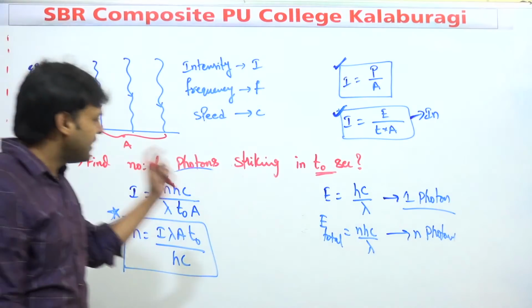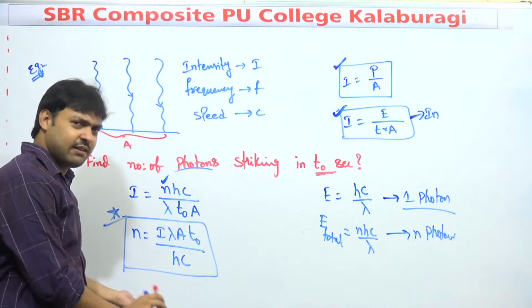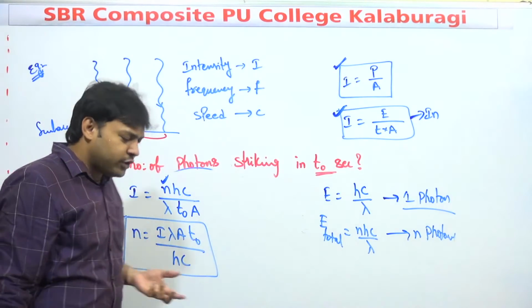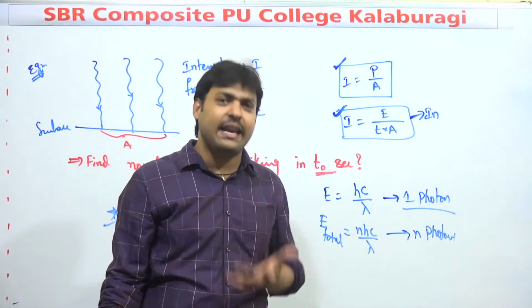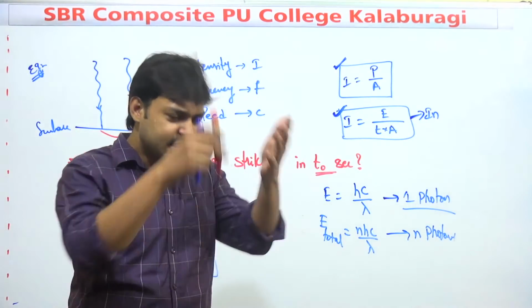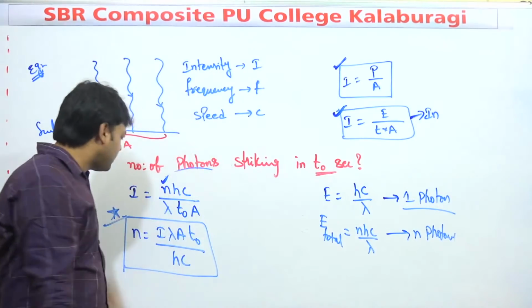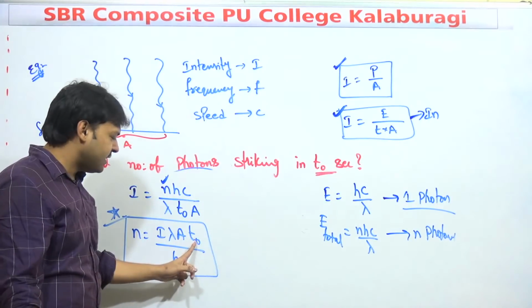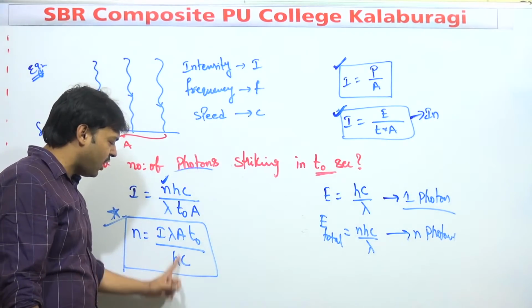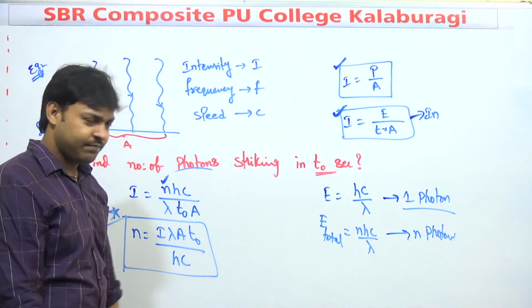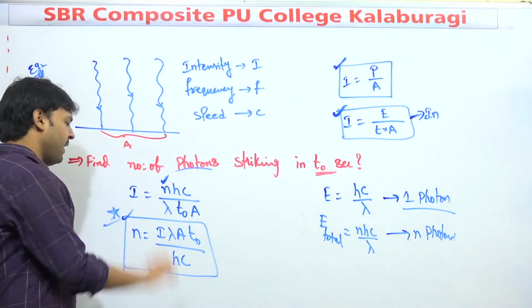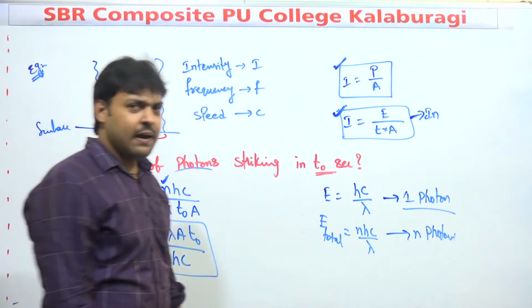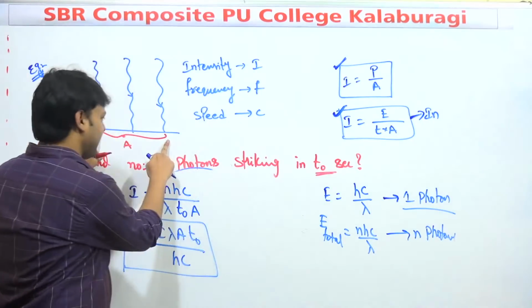Simple. If you know the concept, it will be very easy. Not lengthy, right? How many photons are striking per unit area? It depends on the intensity, the area, the time, the wavelength, and h and c. Clear about the point? This is the number of photons striking in area A, not unit area here.